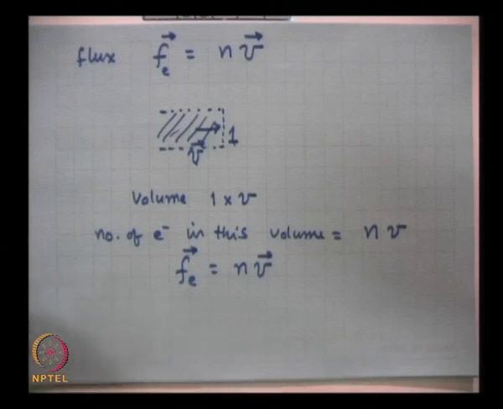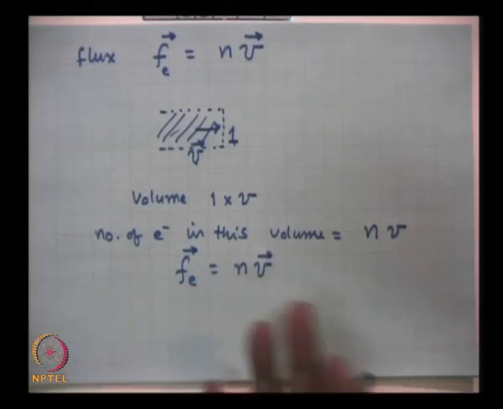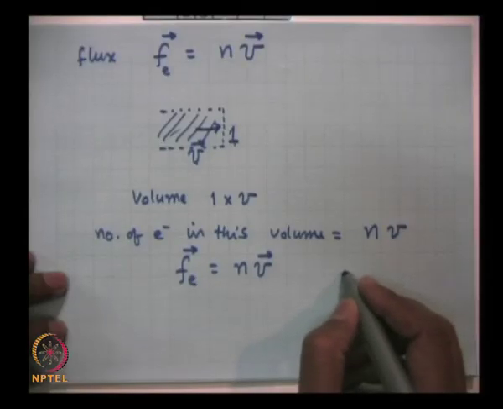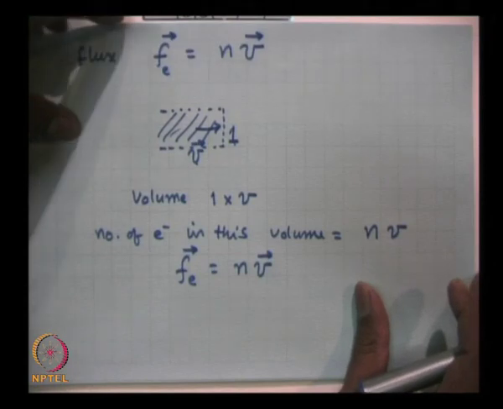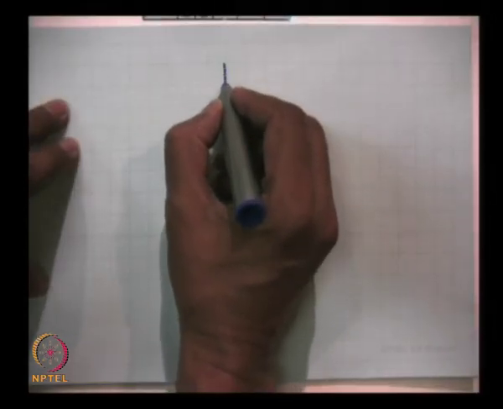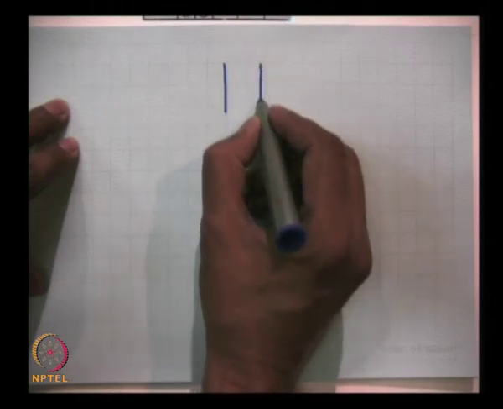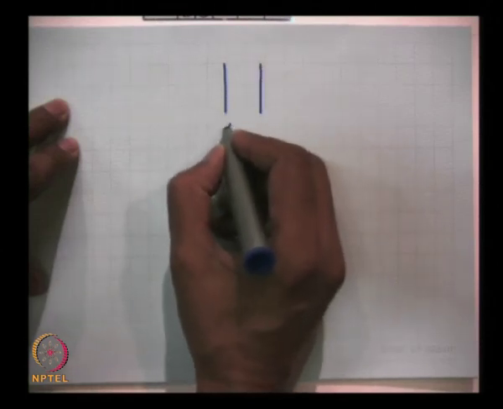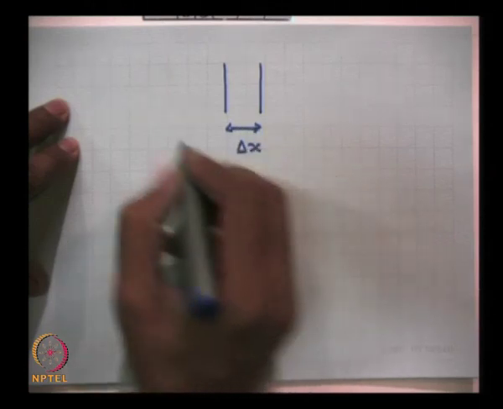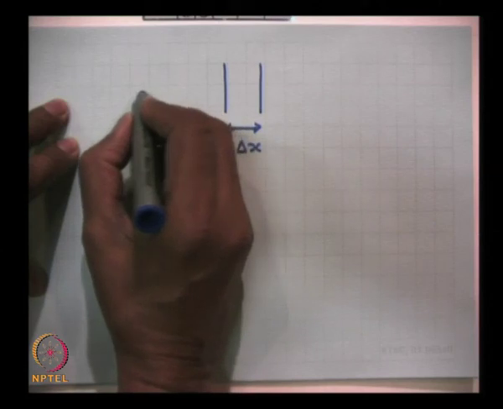The issue is, in a system, if this quantity is not uniform, it varies. To be simple, consider a region. Let me go to the next page. Consider a small volume of unit area of cross section and separation of width like delta x, and suppose the velocity is in the x direction.